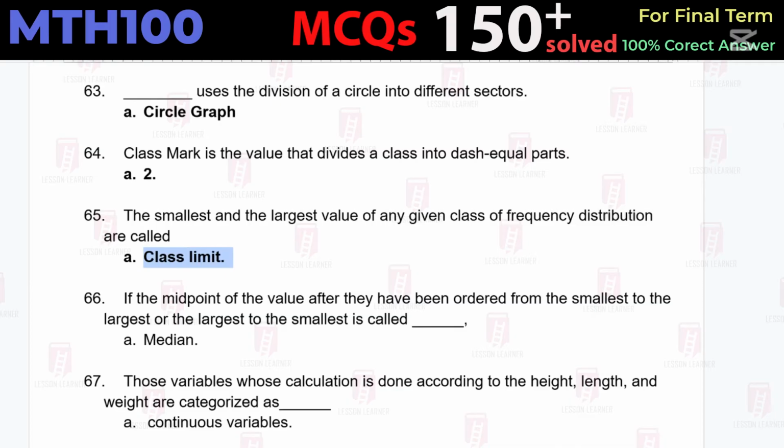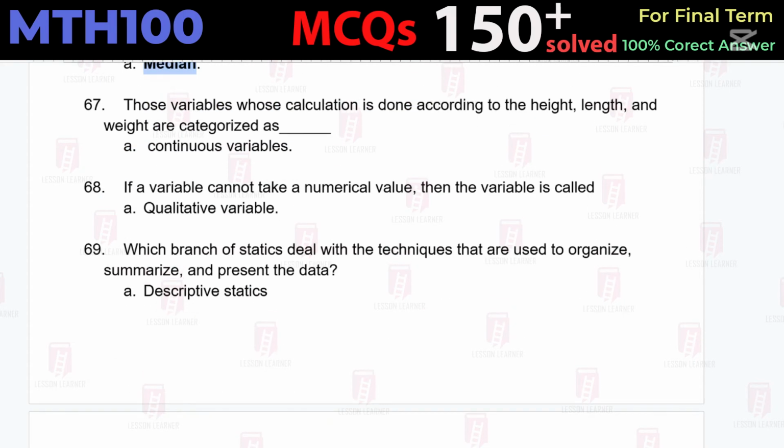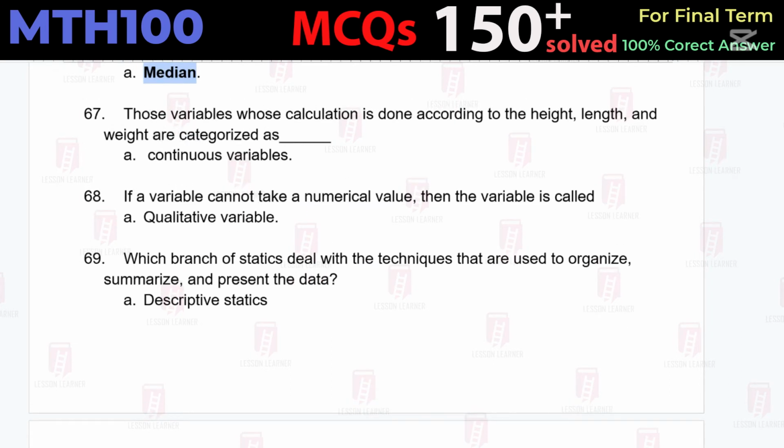The midpoint of the values after they have been ordered from the smallest to the largest or the largest to the smallest is called median. Those variables whose calculation is done according to height, length, and weight are categorized as continuous variables.